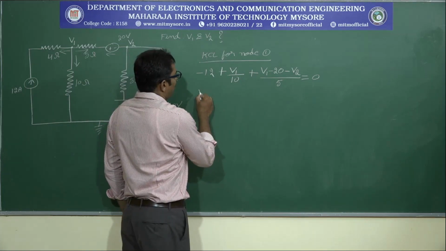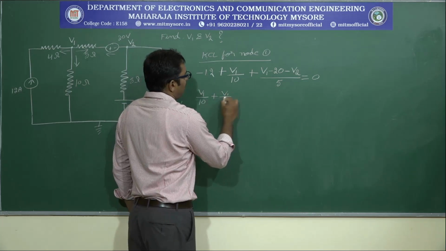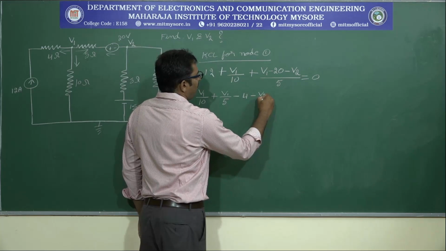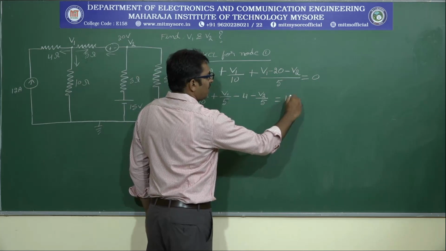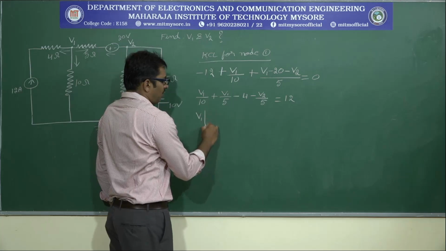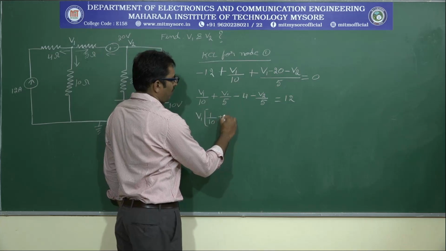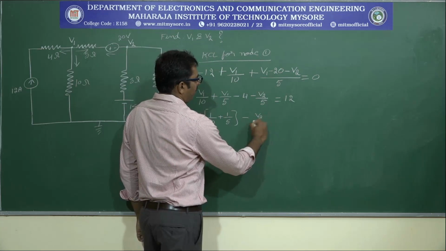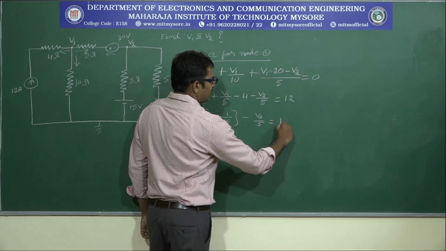Yes, V1 by 10 plus V1 by 5 minus 20 by 5, 4, minus V2 by 5, that is equal to minus 12. Bring it to this side, plus 12. So next, V1 as a common factor, 1 by 10 plus 1 by 5, next minus V2 by 5, that is equal to 12 plus 4, 16.